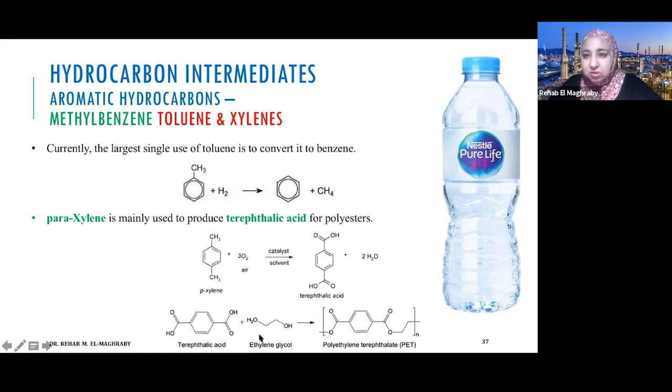This ethylene glycol is based on ethylene. Ethylene is based on ethane. So ethane is dehydrogenated, converted to ethylene, and the ethylene is then converted to ethylene glycol. Ethylene glycol reacts with terephthalic acid, producing ethylene terephthalate. Then by polymerization, we get our plastic bottle. It's not as simple as this reaction, but in general.